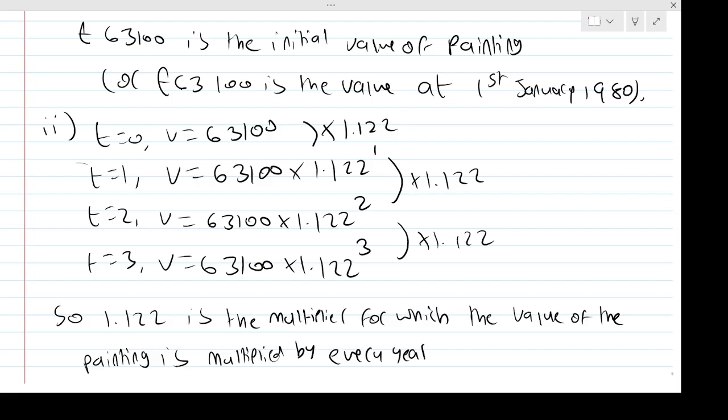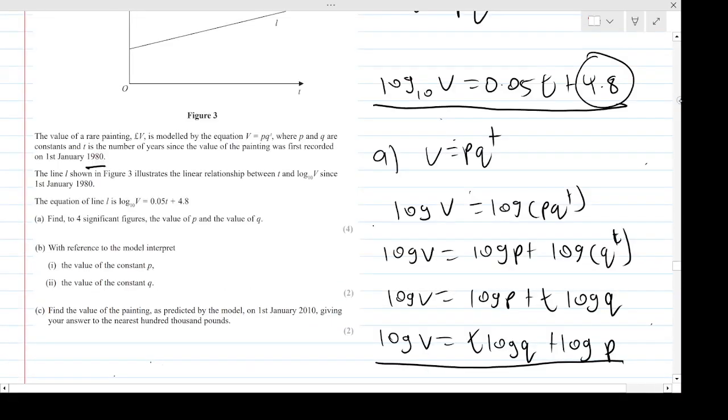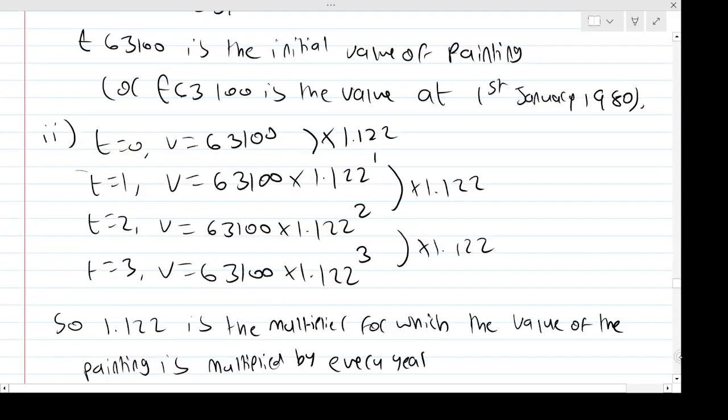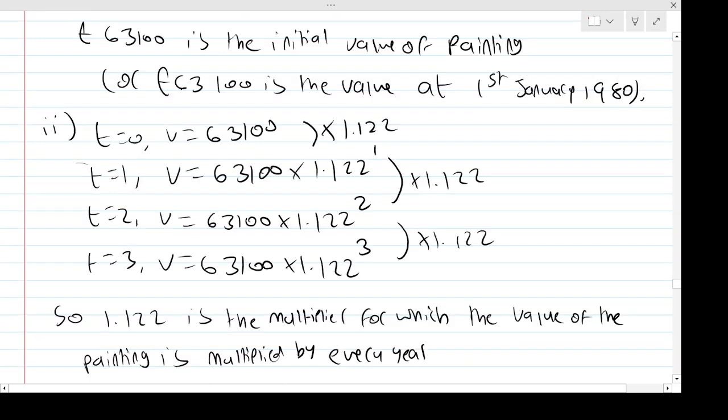Okay, every year, obviously when t increases, right? Because t is years. So when t increases by 1, so every year, that is what we're multiplying the value by, this 1.122 here. Okay, hopefully it made sense.